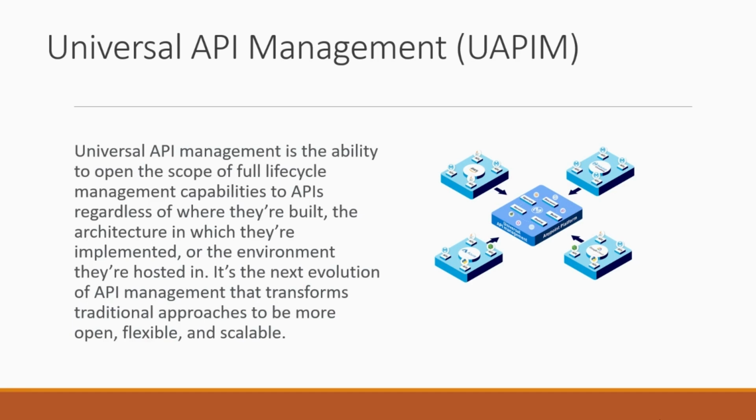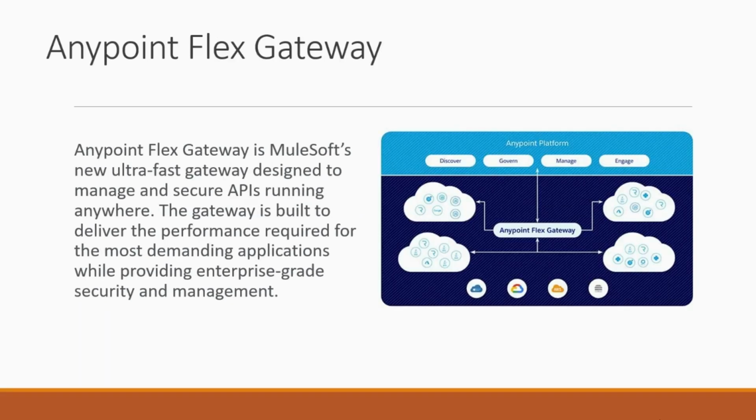And then we have Anypoint Flex Gateway, which is MuleSoft's new ultra fast gateway designed to manage and secure APIs running anywhere, as we discussed in the previous slide about universal API management, wherever your API is deployed, wherever it has been hosted, or whatever the architecture is.